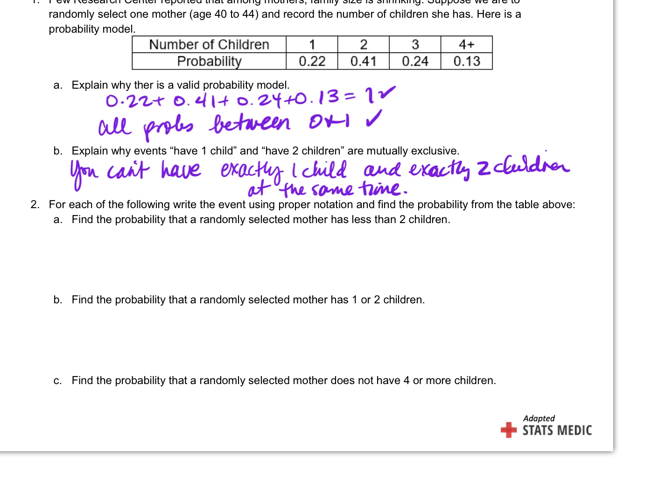All right then, for each of the following, write the event using proper notation and find the probability from the table above. All right, so we're going to practice notation a little bit so you get comfortable. Find the probability a randomly selected mother has less than two children. So less than is an inequality. So if I put symbols as probability that the number of children, what do we want to say, C, is less than 2?